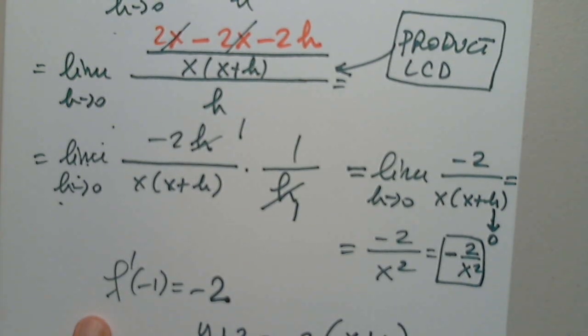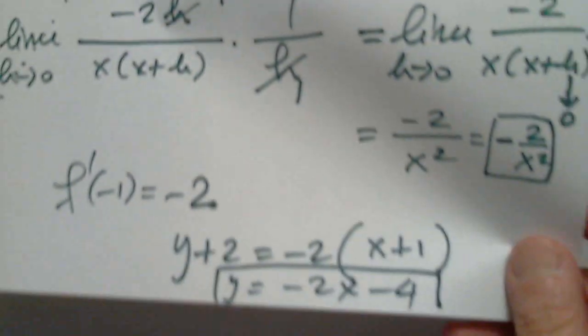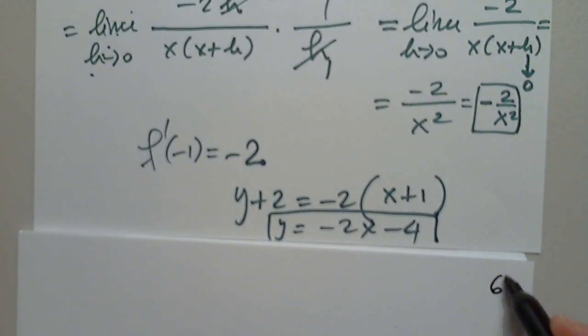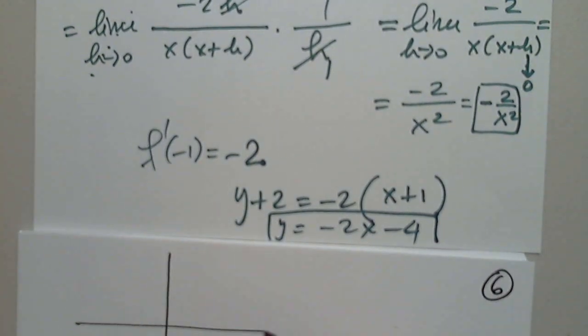What does this mean? This is the equation of the tangent. So if we graph 2 over x, these are the graphs that we should always remember.